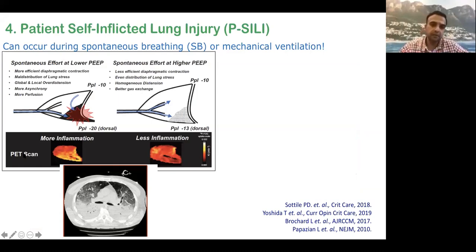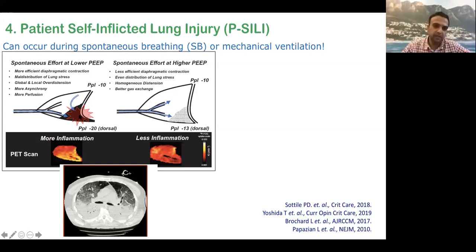For example, this patient is on the ventilator and has ARDS in the dependent areas of the lung. If the patient is triggering a breath on the ventilator, that effort of triggering a breath, especially when working against a very big transpulmonary pressure, causes increased work of breathing, and that causes mechanical and shear stresses on the lungs that damage them.